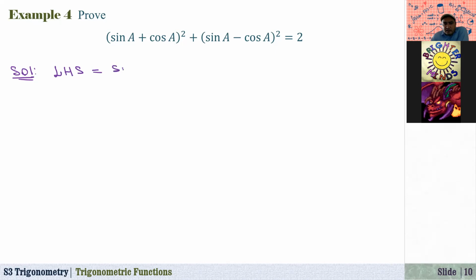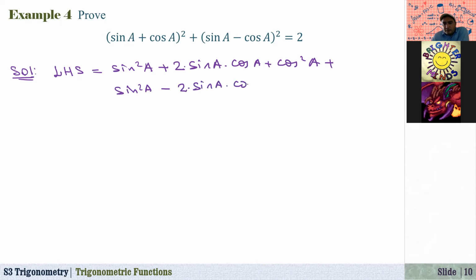Here we have sine squared of A plus 2 times sine of A times cosine of A plus cosine squared of A, plus, expand the second expression, sine squared of A minus 2 times sine of A times cosine of A plus cosine squared of A.